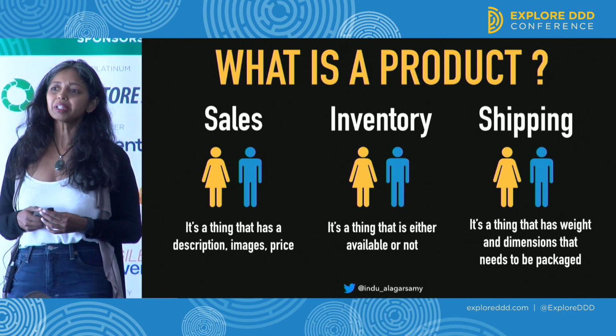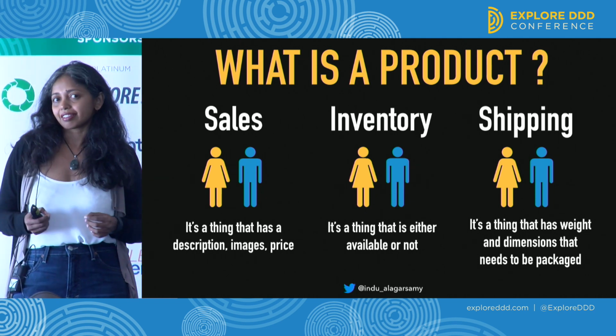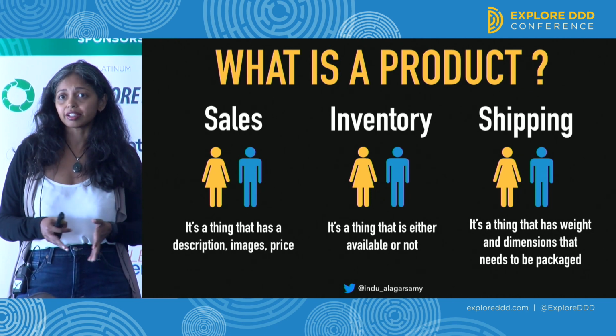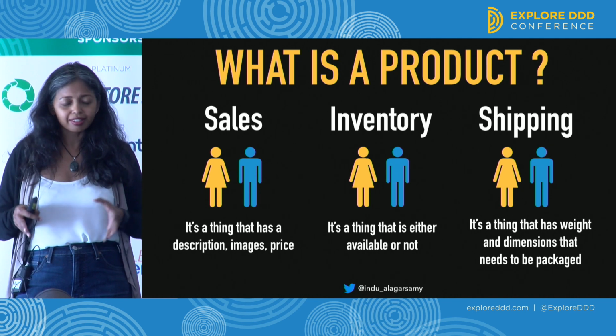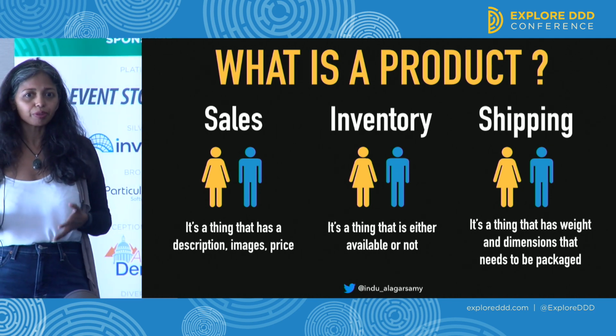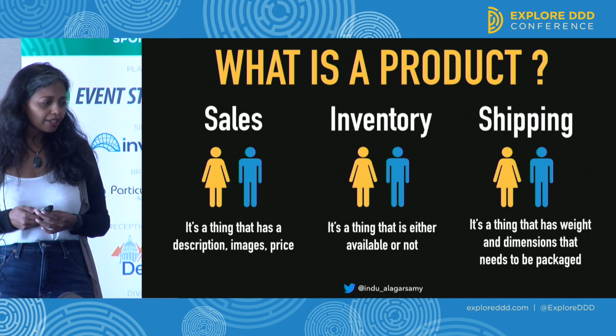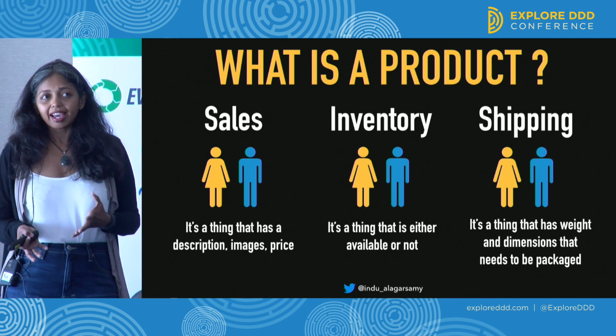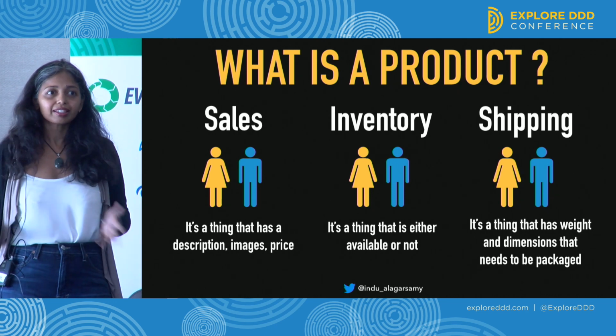But for somebody in inventory, it's about how much do I have, do I need to get more, and making sure that this thing is available on the shelves for the user. And for somebody in shipping, it's a thing that needs to get from one place to the other.